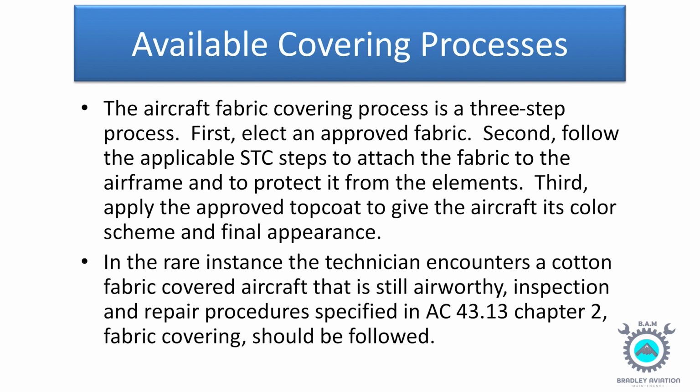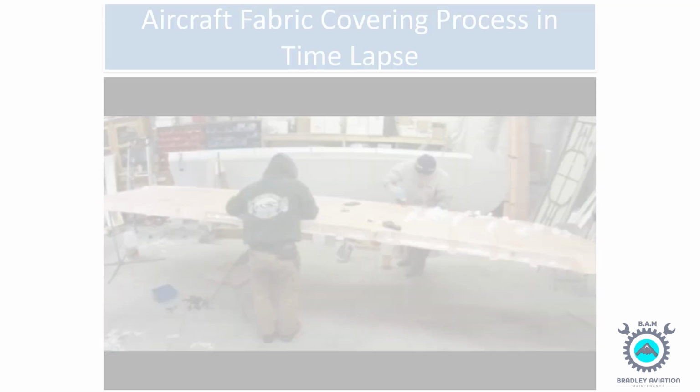Third, apply the approved top coat to give the aircraft its color scheme and final appearance. In the rare instance the technician encounters a cotton fabric-covered aircraft that is still airworthy, inspection and repair procedures specified in AC 43.13 Chapter 2 Fabric Covering should be followed.